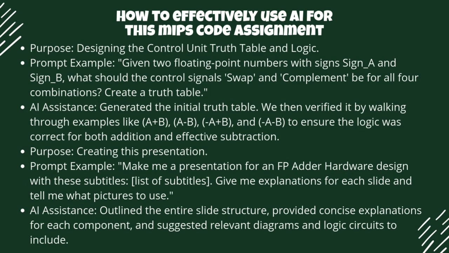AI also helps us construct truth tables and verify our reasoning by giving scenarios such as A plus B or A minus B. With different sign combinations, we validate the correctness of swap, complement, and add or sub signals. We also used AI to generate this presentation outline. We asked for slide structures and explanations for each component, which helped us organize our content clearly and visually.